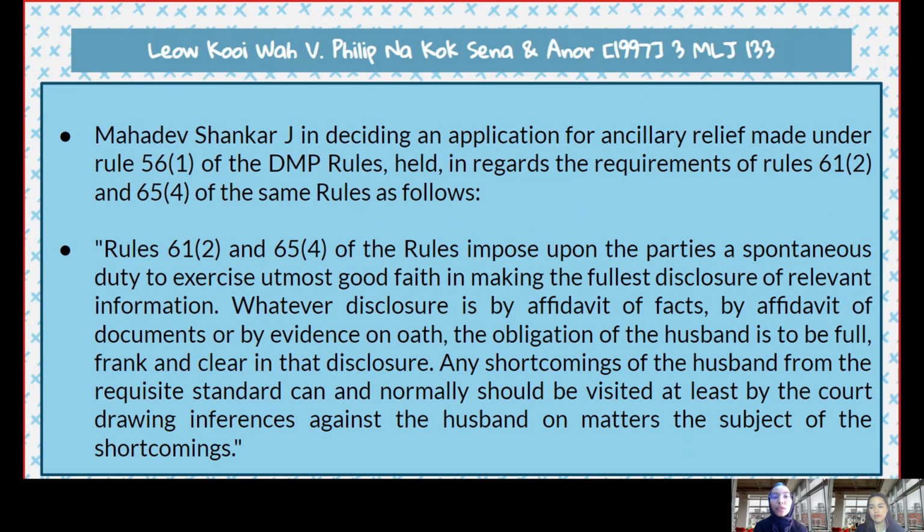Rule 61, Paragraph 2 and Rule 65, Paragraph 4 impose upon the parties a spontaneous duty to exercise utmost good faith in making the fullest disclosure of relevant information. Whatever the disclosure, whether by affidavit of fact, by affidavit of documents, or by affidavit on oath, the obligation of the husband is to be full, frank, and clear in that disclosure. Any shortcomings of the husband from the requisite standard can and normally should be visited, at least by the court drawing inference against the husband on matters the subject of the shortcomings.